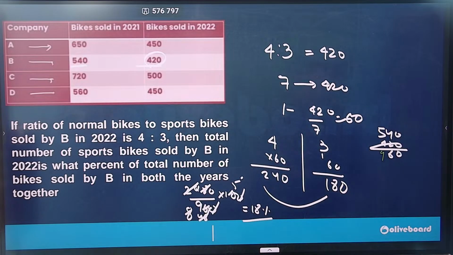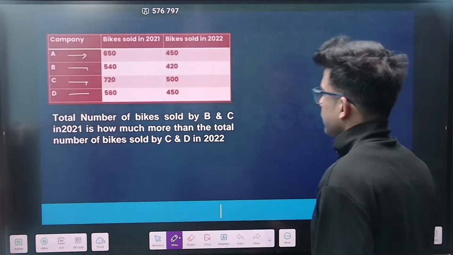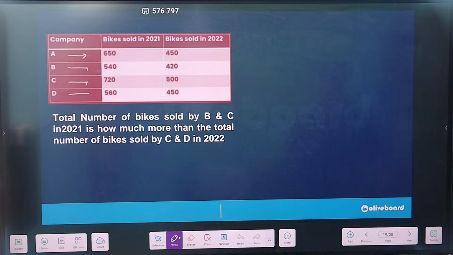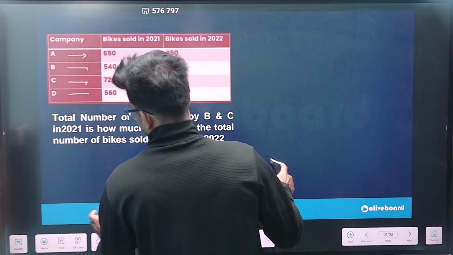Fine. Let us solve the next question. It's a very easy question, by the way. It's an easy question.